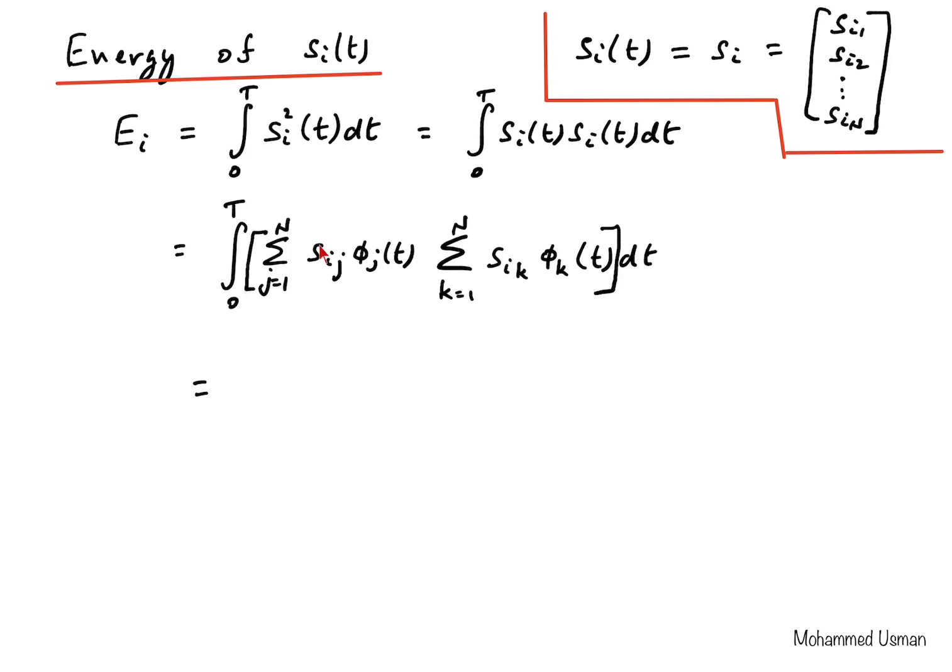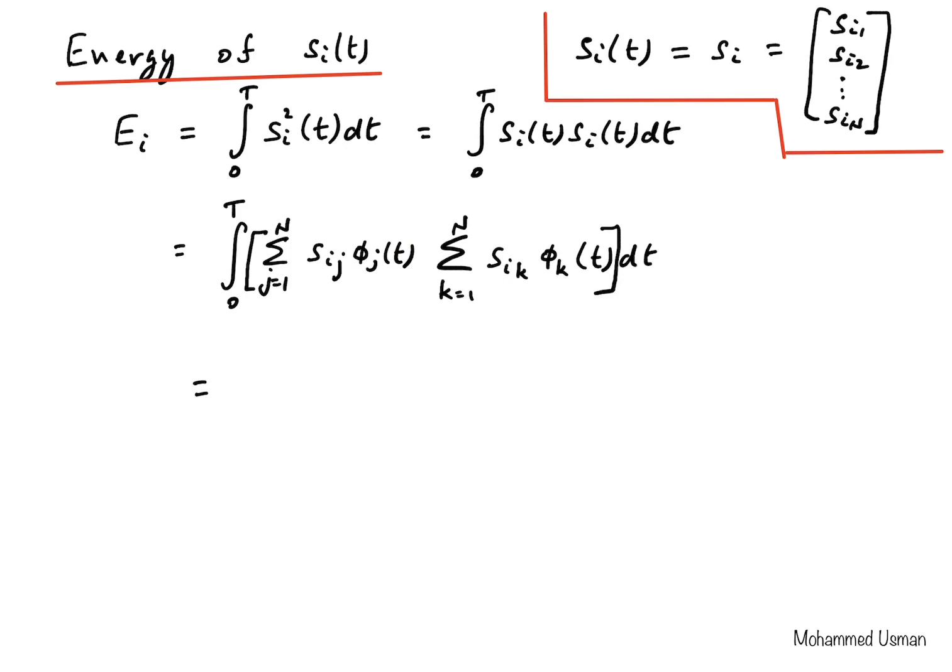So what we'll do is, since these Sij and Sik terms are not functions of time, we can take them outside the integral. So we can take these summations outside the integral and keep only the functions of time inside the integral.